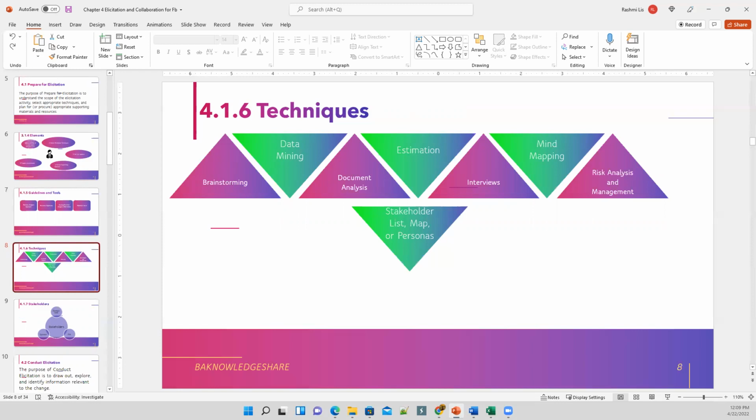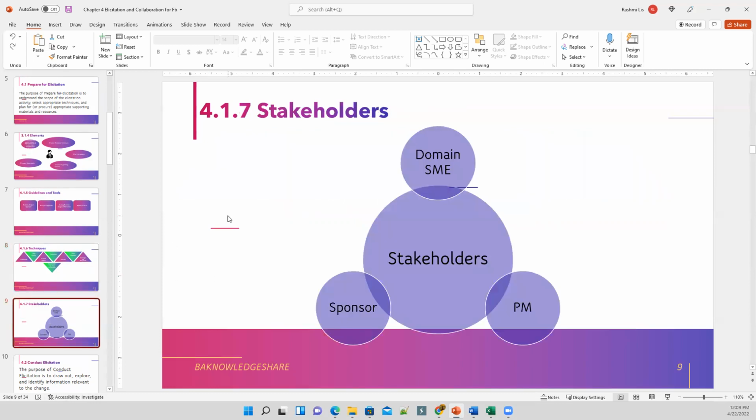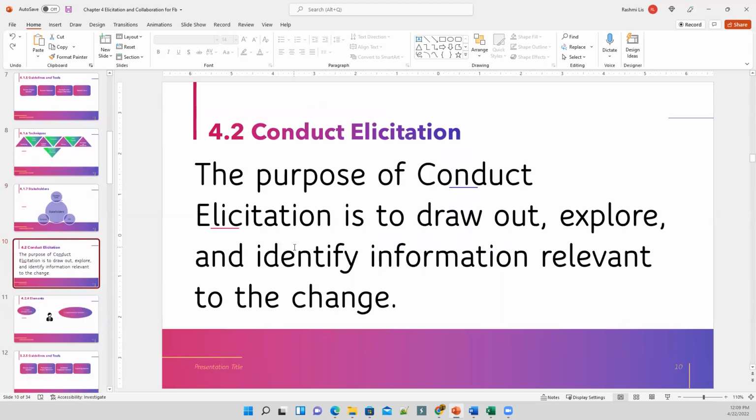You have your data mining, document analysis, estimation, interviews, mind mapping, risk analysis and management, and then you have your stakeholder list, map, or personas. Stakeholders over here are the domain subject matter expert, the sponsor, the project manager, and those are the only three involved in this case.